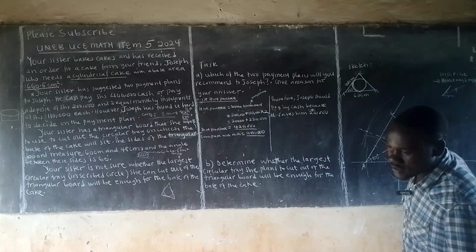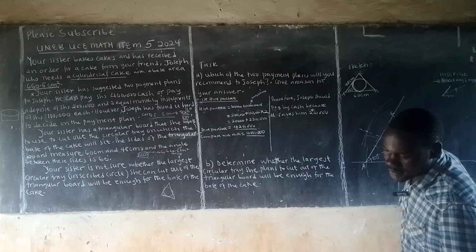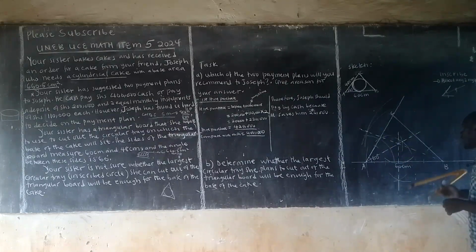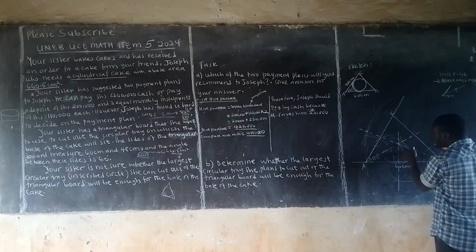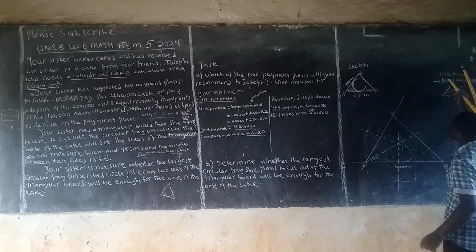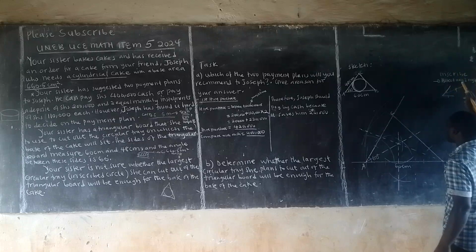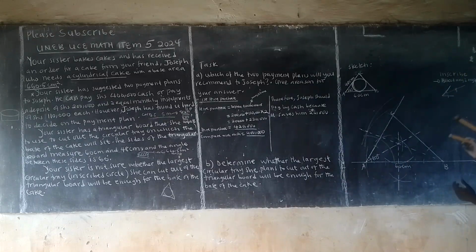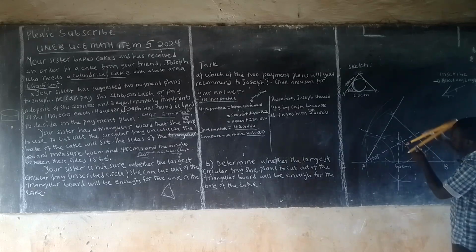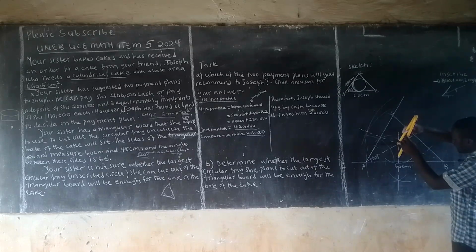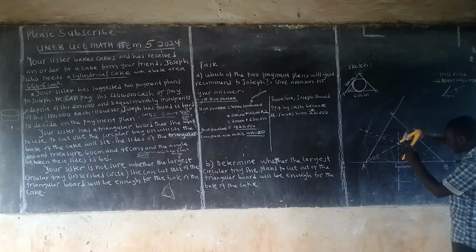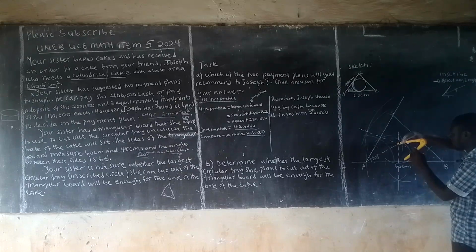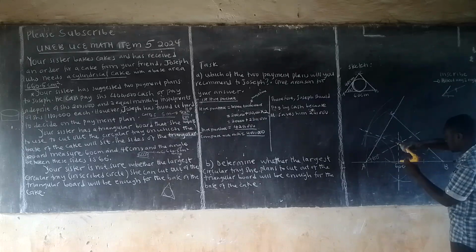Now what you're going to do next is get your compass. Put it here; this becomes the center. After bisecting the two angles, where they intersect becomes the center of that circle. So you come and put it here. Now you adjust using this perpendicular line. Oh well, mine is a bit short, but I will see the way forward.